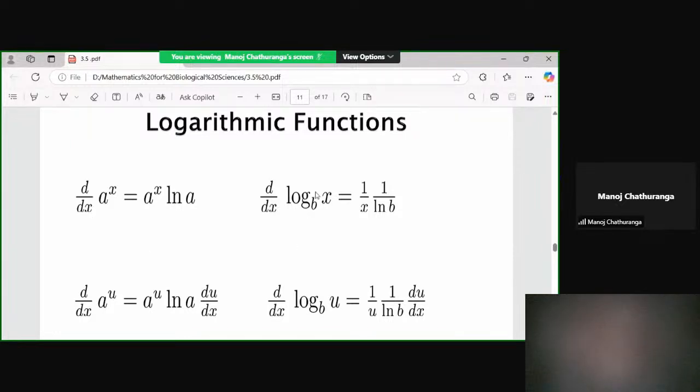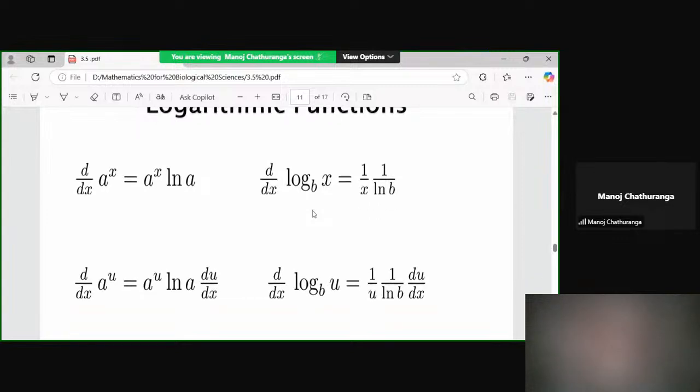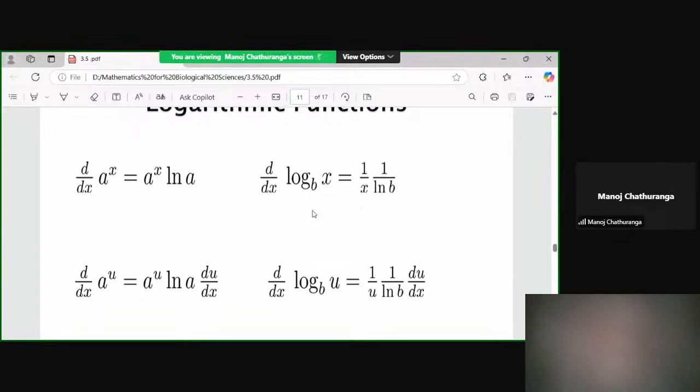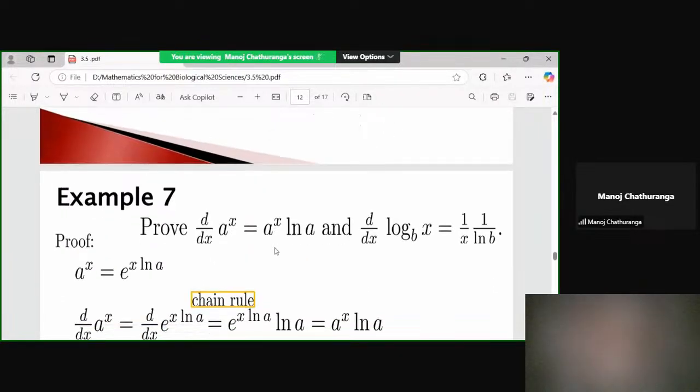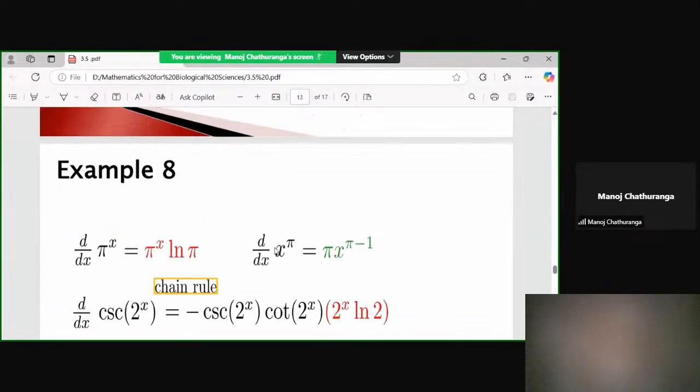Then log base b of x. Again, b can be a number different from the traditional base e. We'll go through this section next time, but in the meantime, you can study those by yourself.